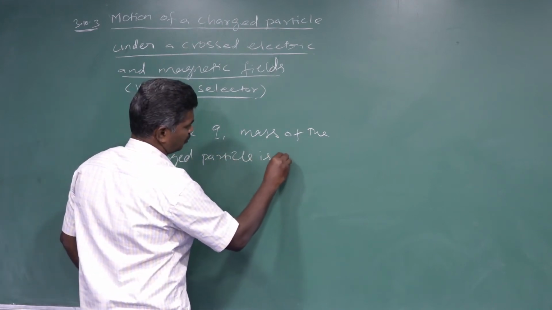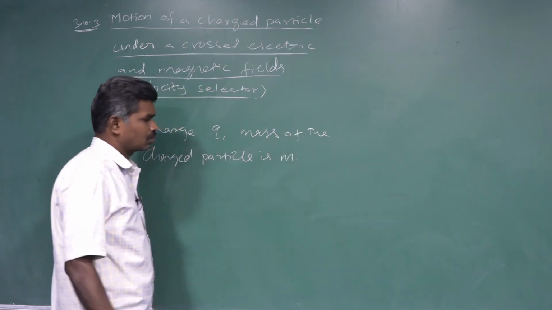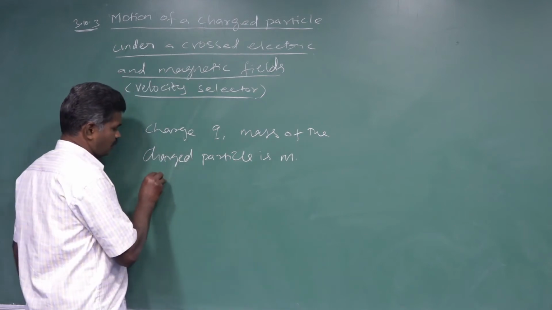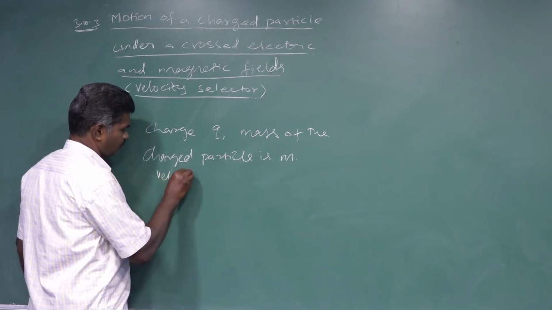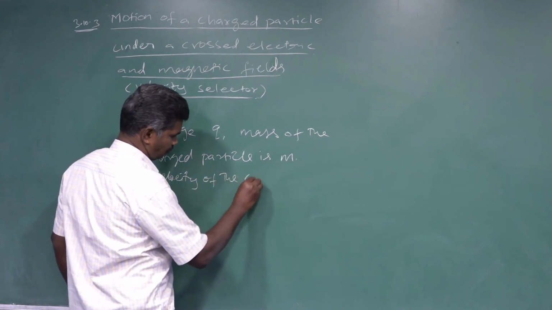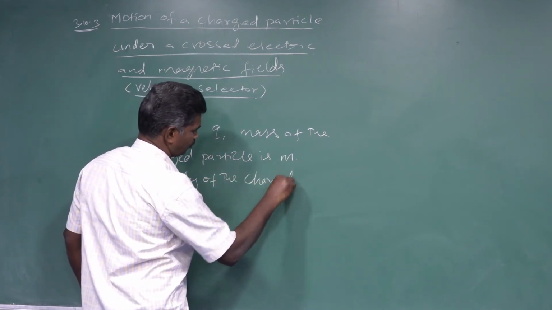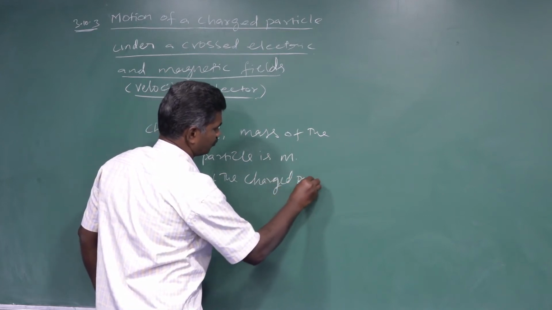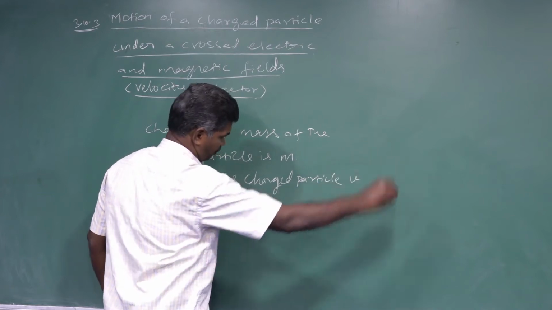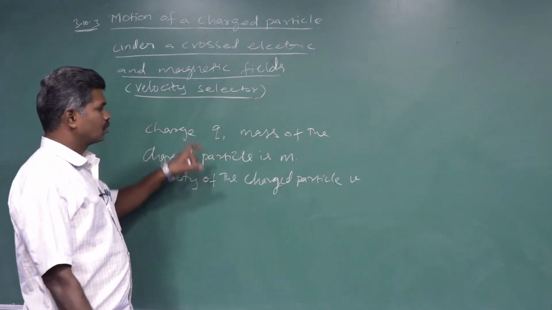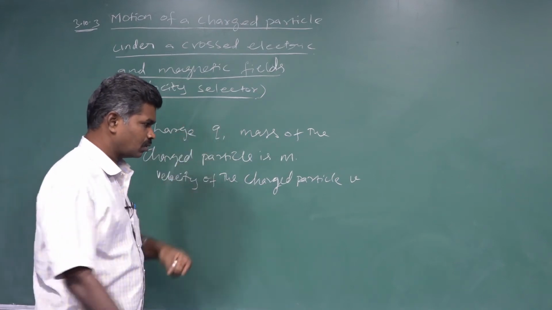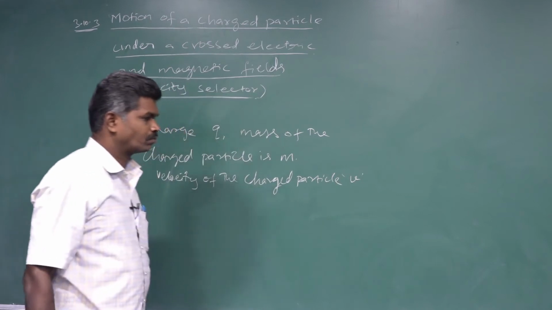Suppose it is moving, then we speak of the velocity of the charged particle, which can be taken as V. So a Q charged particle which has mass m is going to move with velocity v.